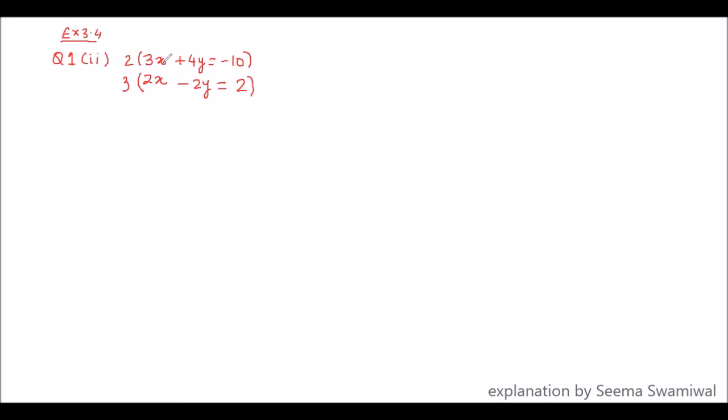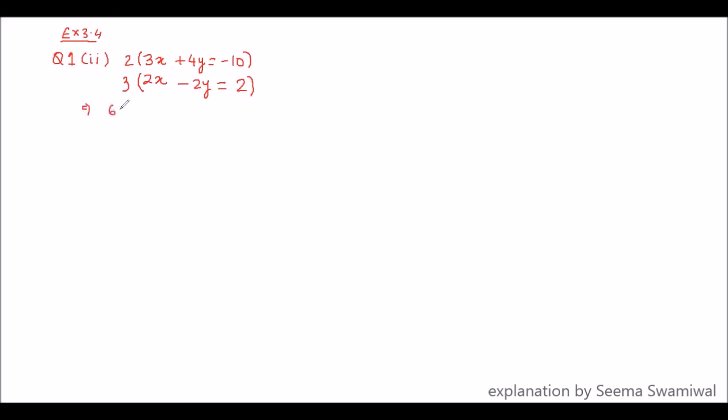If you decide to equate the coefficient of x, you take the LCM of the two numbers appearing as their coefficients. Here the coefficient is 3, here it is 2, so their LCM is 6. Let's multiply these two equations and see.